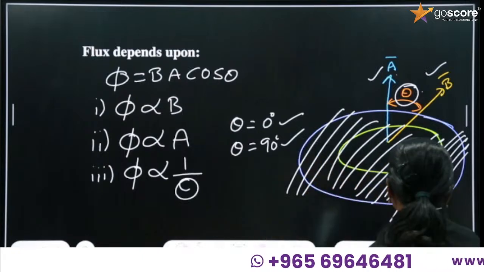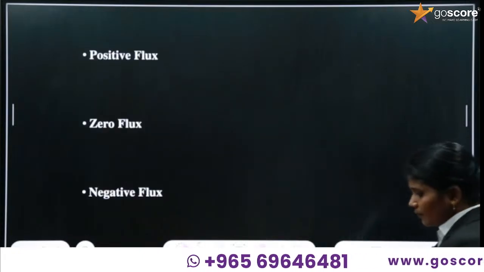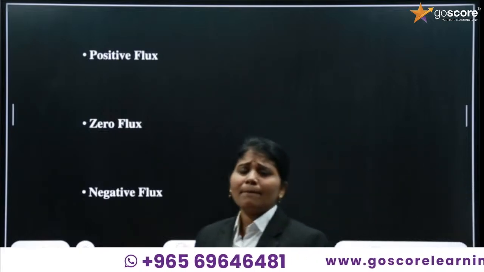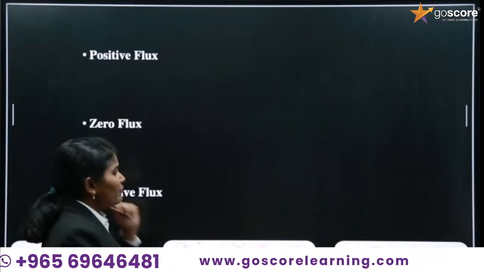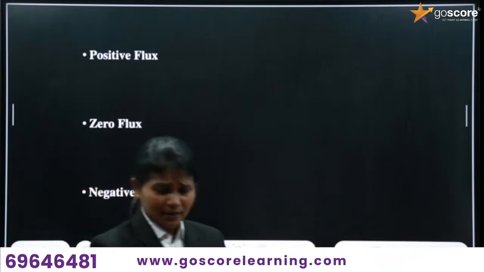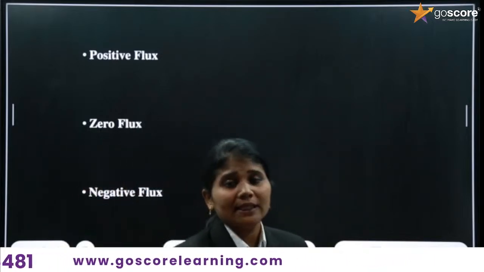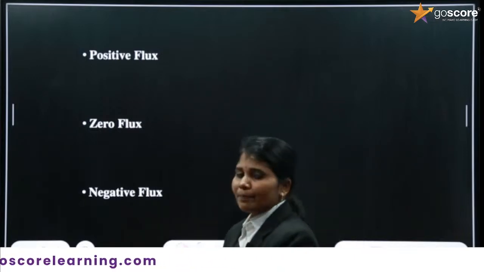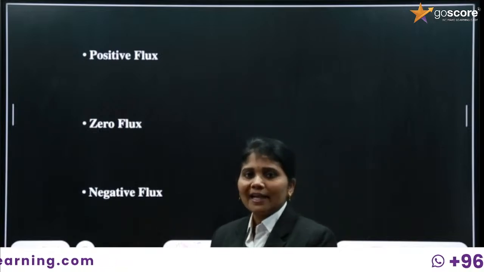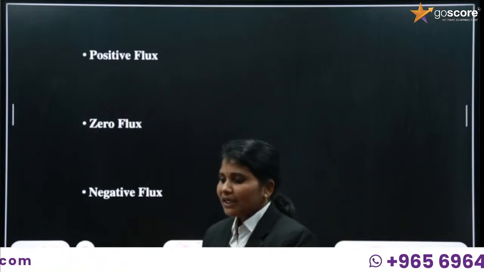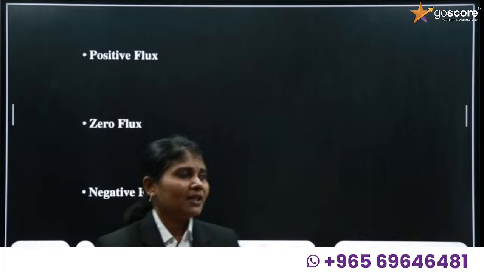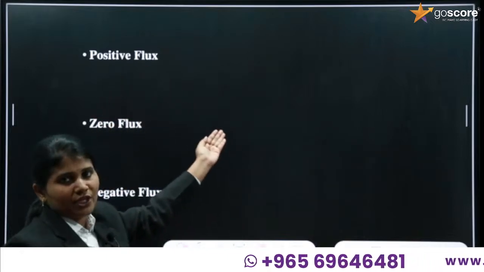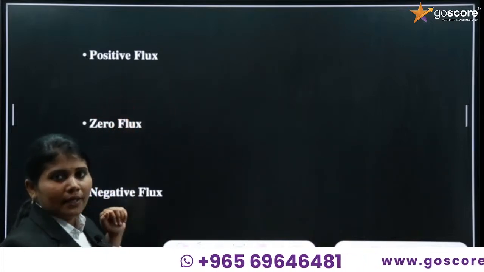Okay guys. Next one. When we are getting the positive flux, the zero flux, or the negative flux, it depends upon the theta value. As the theta value changes, the sign also changes: positive, zero or negative.